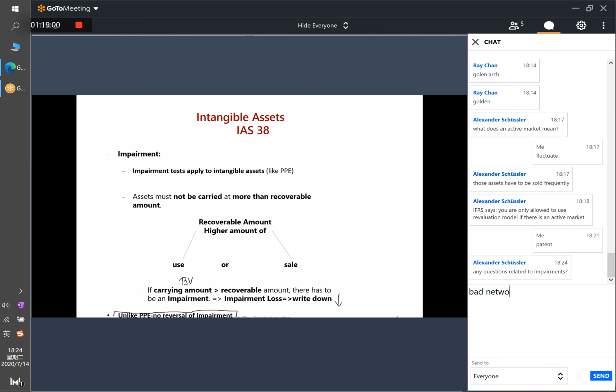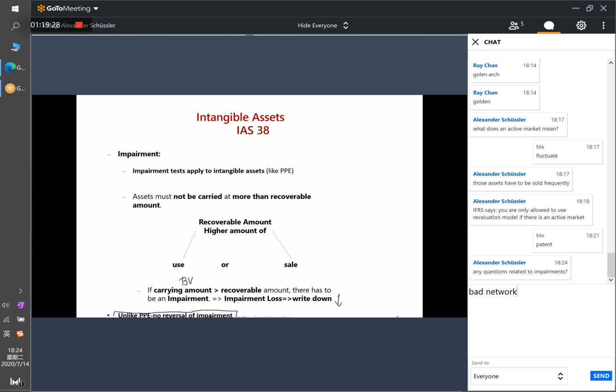So you compare the book value, which is the carrying amount, to the recoverable amount. If the recoverable amount is lower, you have to do an impairment. You have to write it down. The recoverable amount is the higher value of using or selling the asset.